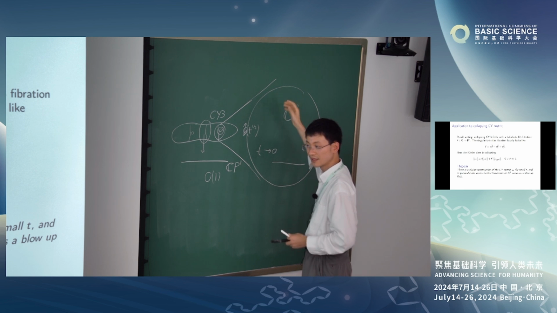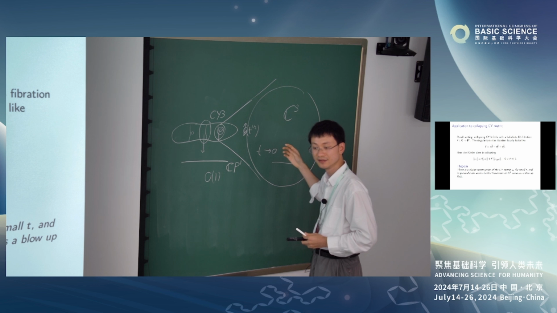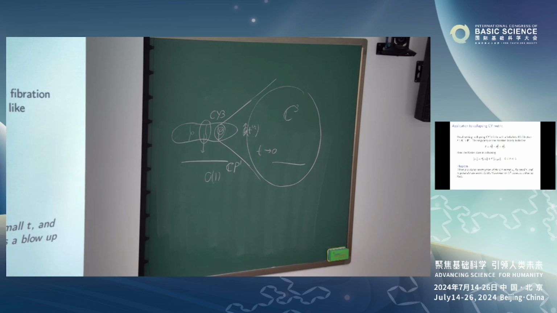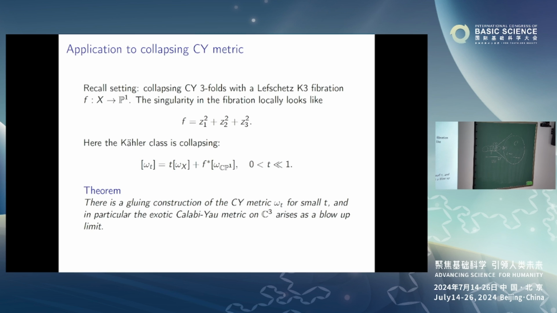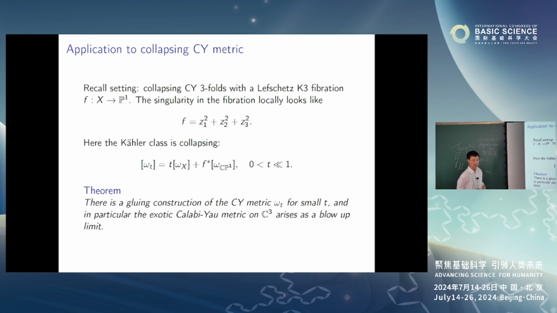So the other details of the fiber simply are pushed to infinity. So the theorem is that there's a gluing construction of Calabi Yau metrics using this as a local model. And what this shows in particular is that this C3 arises in the collapsing Calabi Yau threefold problem.